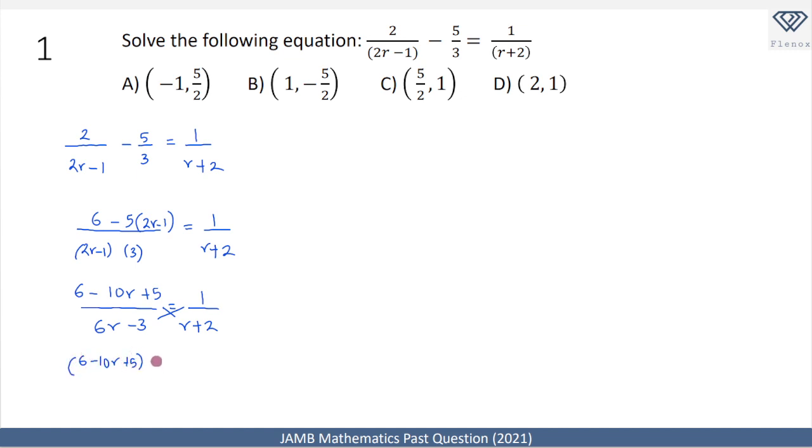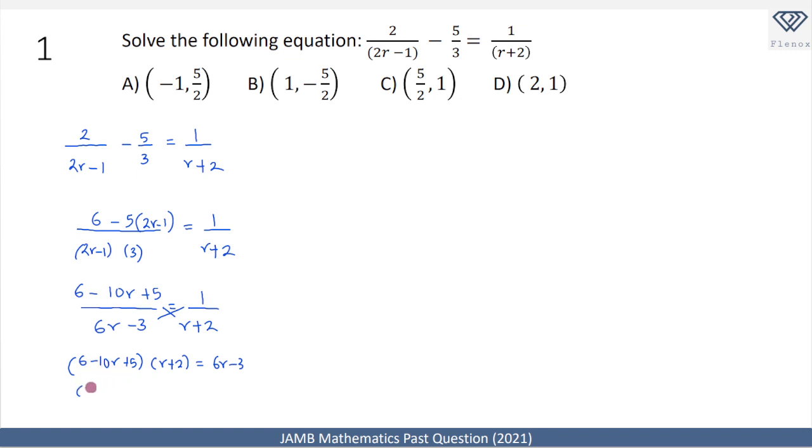multiplied by r plus 2 will be equal to 6r minus 3 then multiplied by 1, which is going to be 6r minus 3. So we can try to expand this, but we can say 6 plus 5 here, collect like terms here, so 6 plus 5 is going to give us 11.